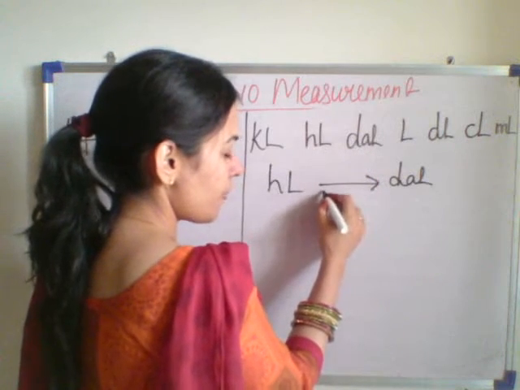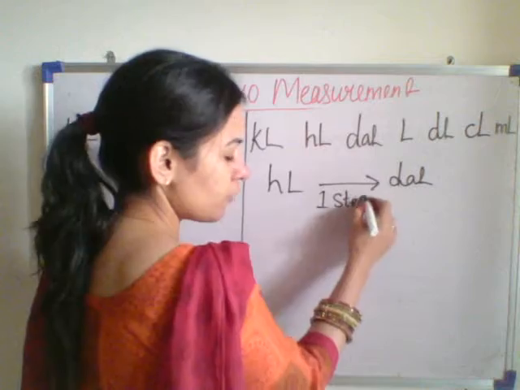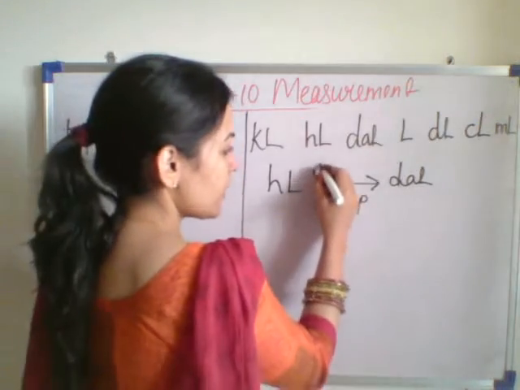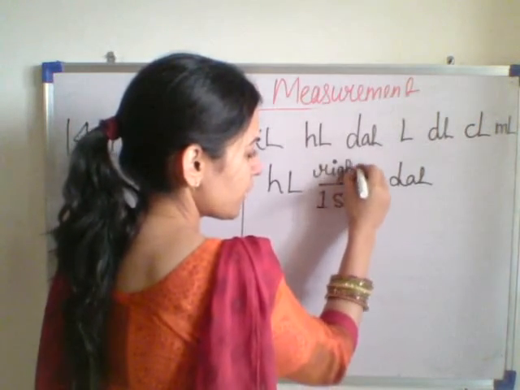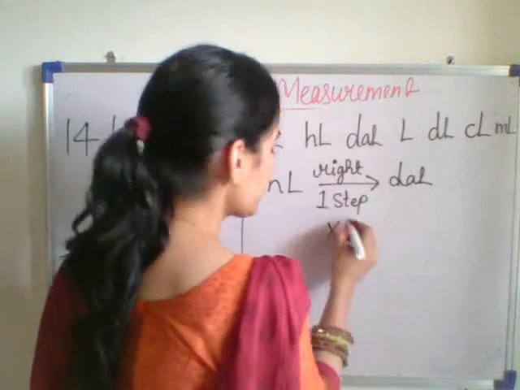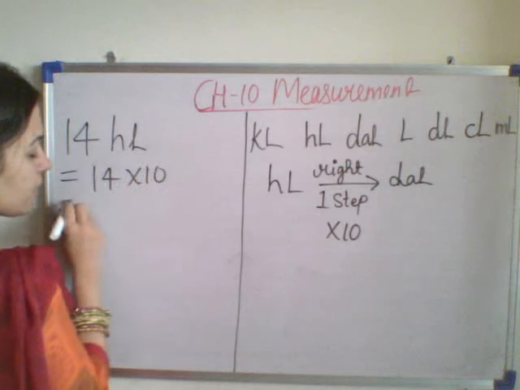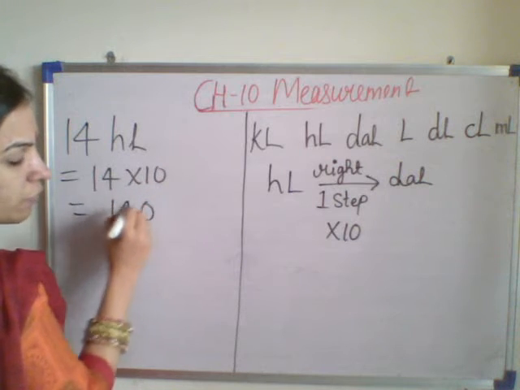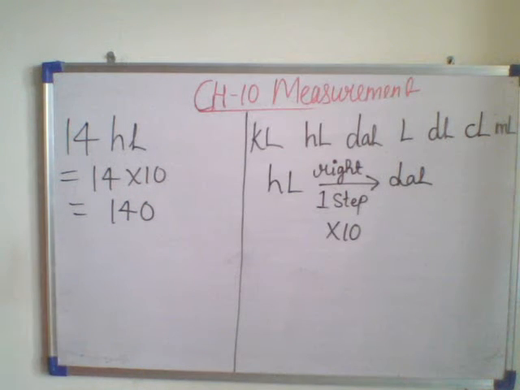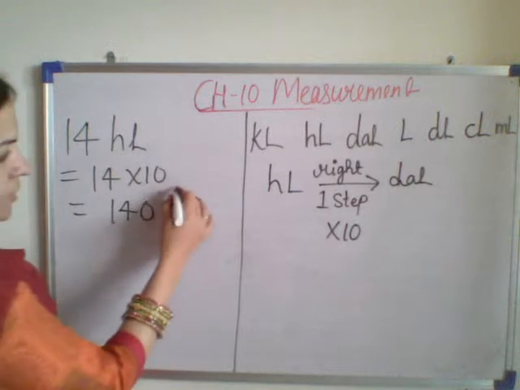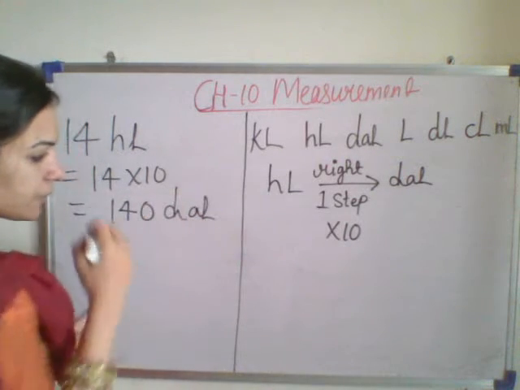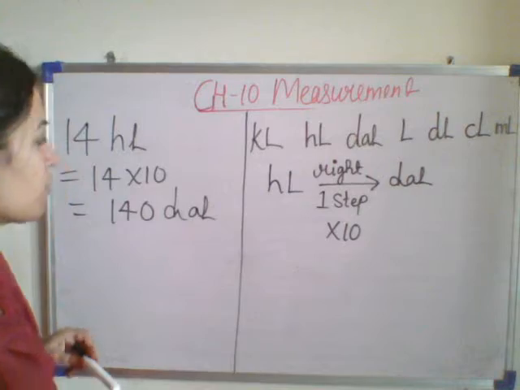So what I will be doing? I will be multiplying it with the 10. 14 multiplied by 10 equal to 140 decaliter. Let us do some more problems.